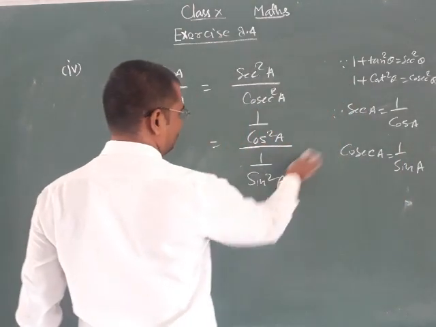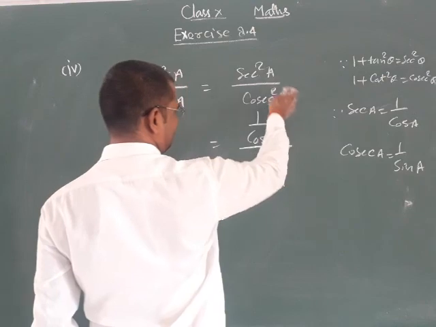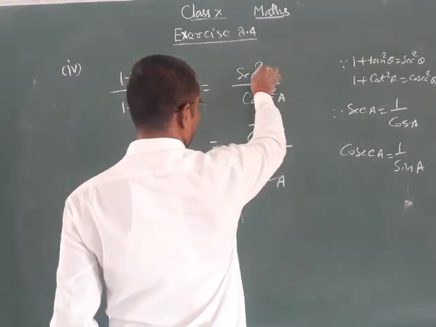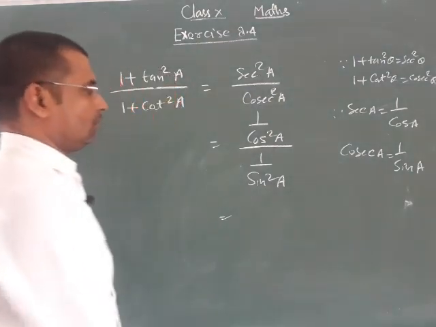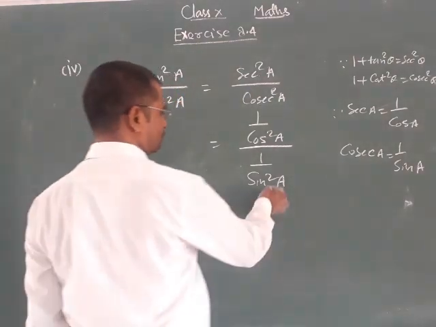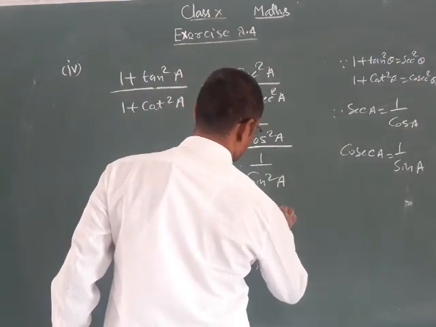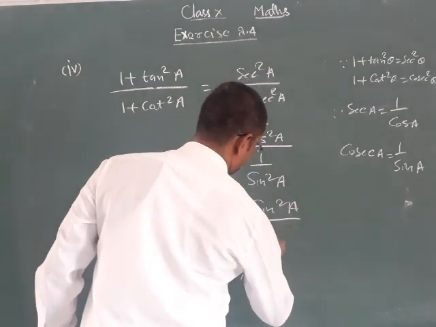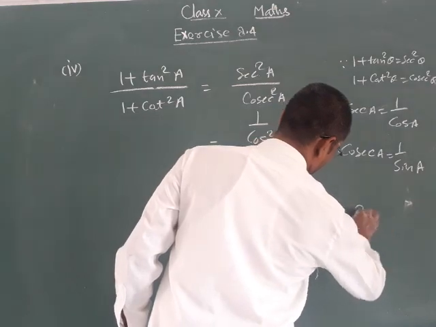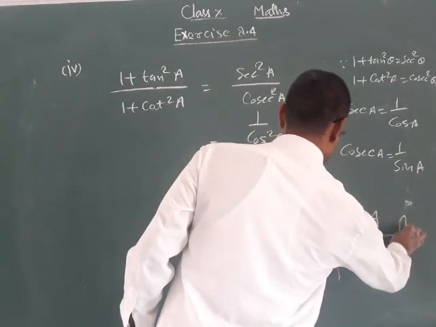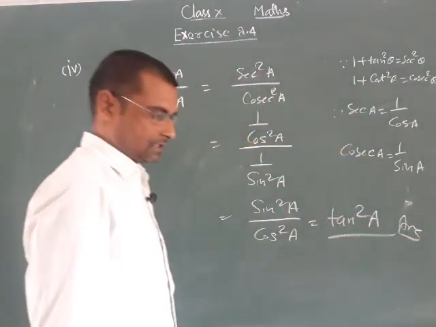So these we change with the help of this. Sec square a is 1 upon cos square a, cosec square a is 1 upon sin square a. So now reversing, sin square a upon cos square a is equal to tan square a. This is the answer.